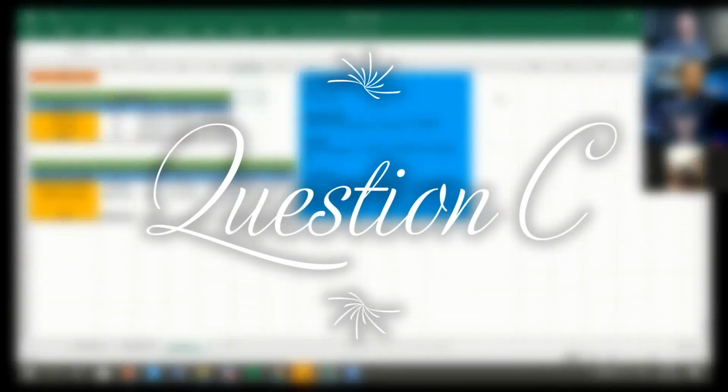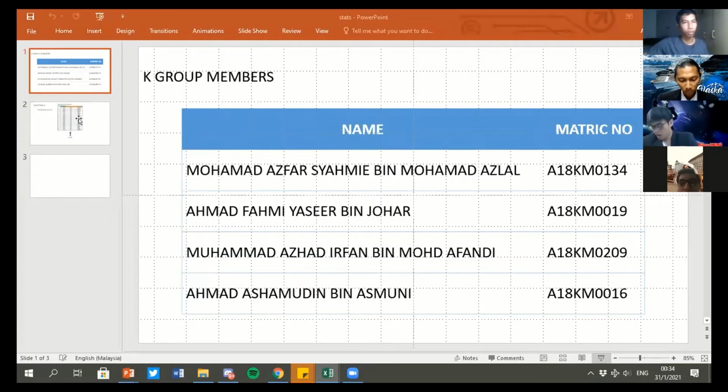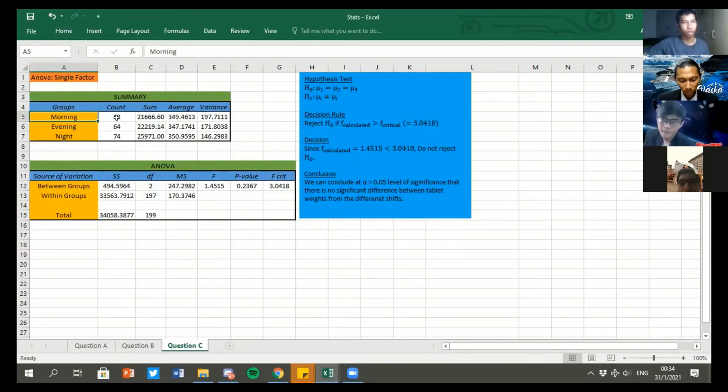For question C, we need to determine whether there is any significant difference between tablet weights from the different shifts. Firstly, I summarize the data from 3 different shifts, which is this table. We can see that morning has 62 counts, evening has 64 counts, and night has 74 counts.